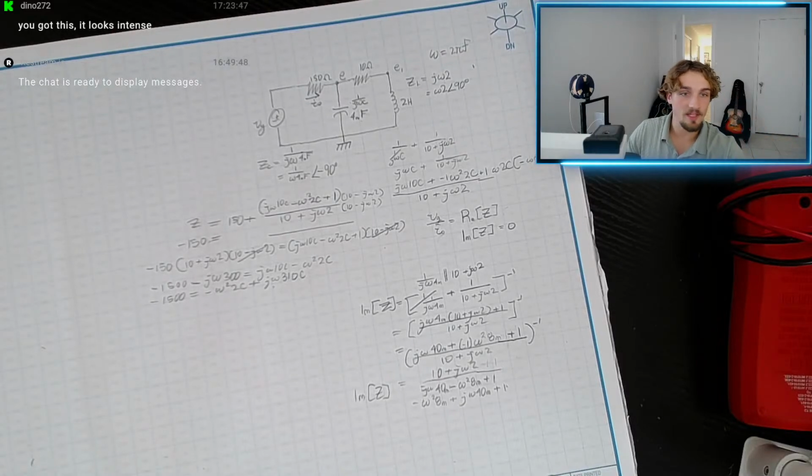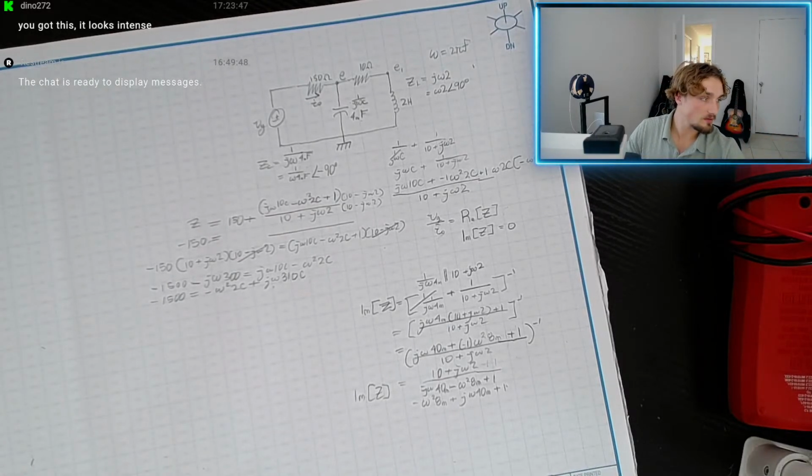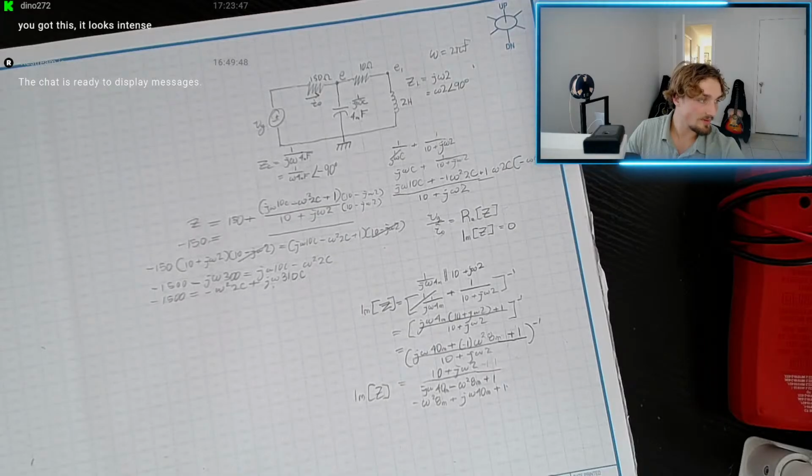Let's read something. Alright, compare in parallel. Just those two.